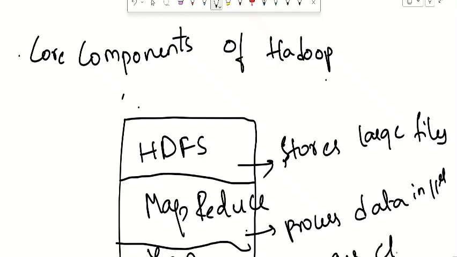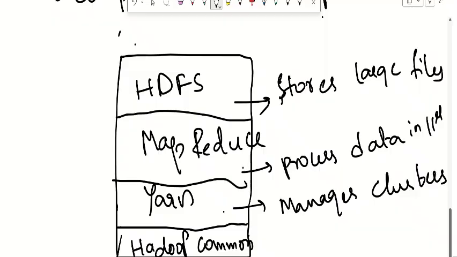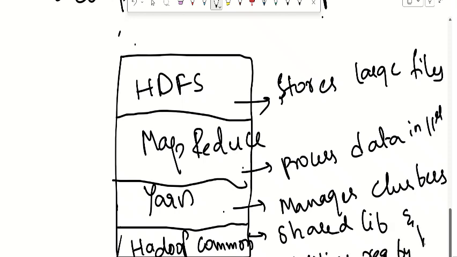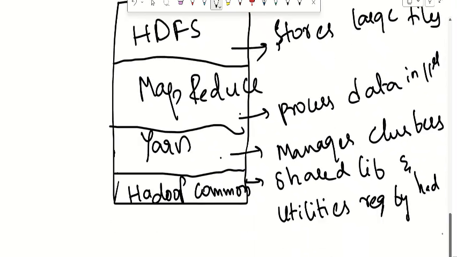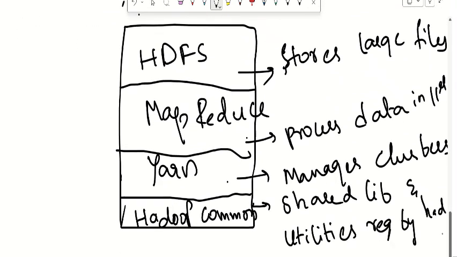Hadoop Common means shared libraries and utilities required by Hadoop. These are the core components of Hadoop.